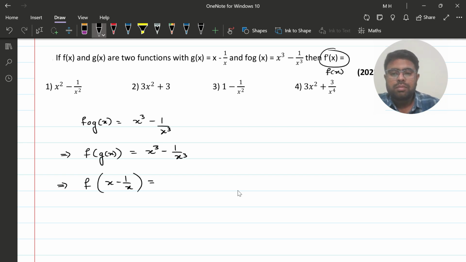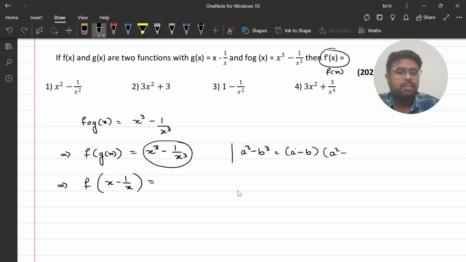Can you express this in terms of x minus 1 by x? Yes, we know that a cube minus b cube is equal to a minus b into a square plus ab plus b square.